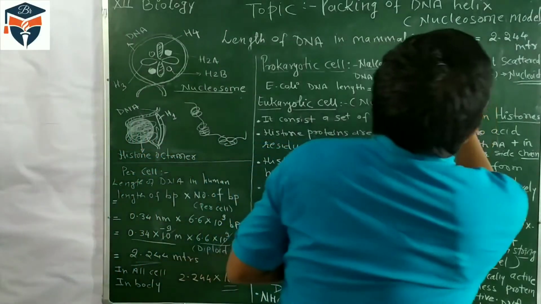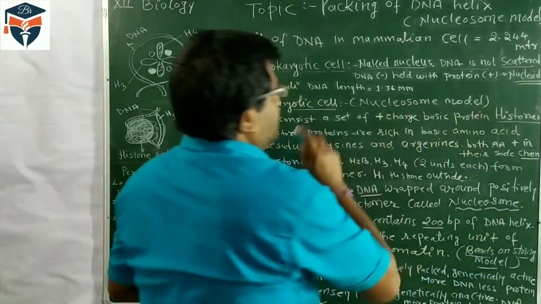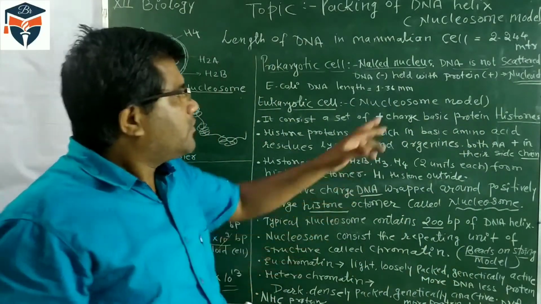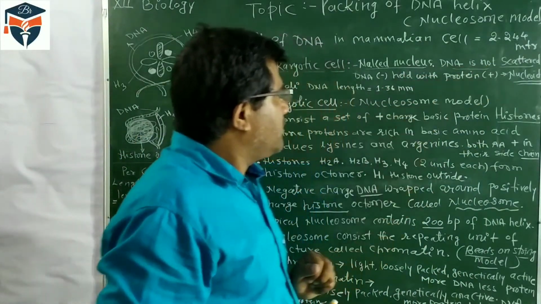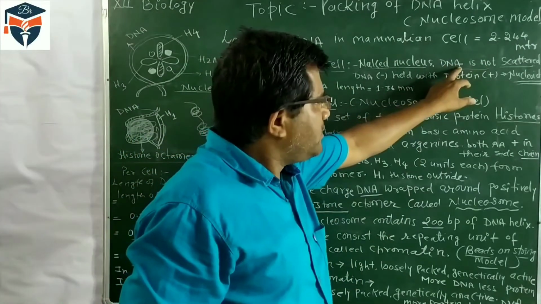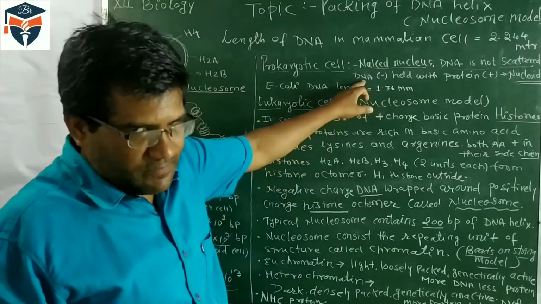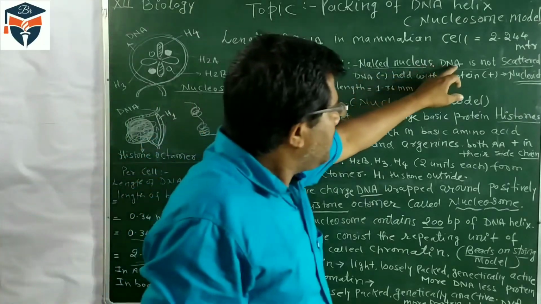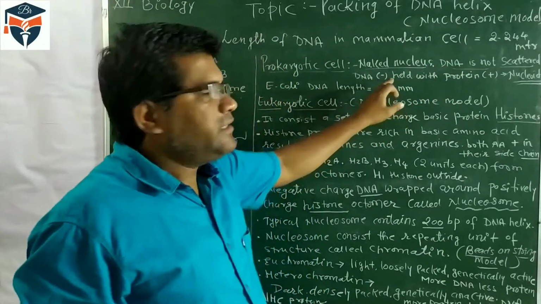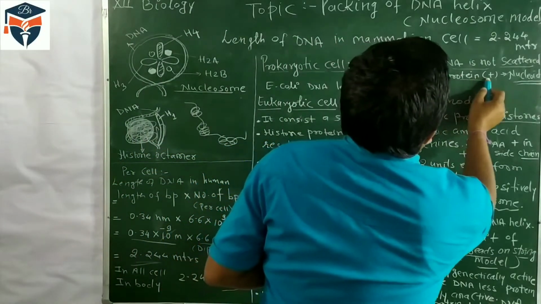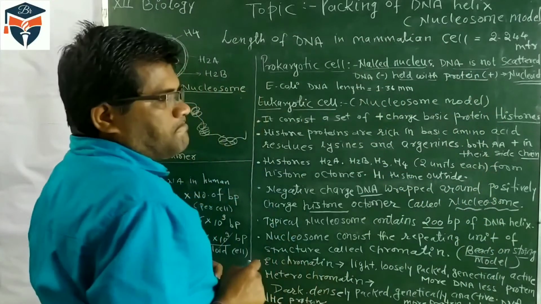Number two, DNA is not scattered. In prokaryotic cell, the DNA molecule is not scattered. Why is it not scattered? The reason is DNA is negatively charged and it is held with, connected with, some positively charged protein.